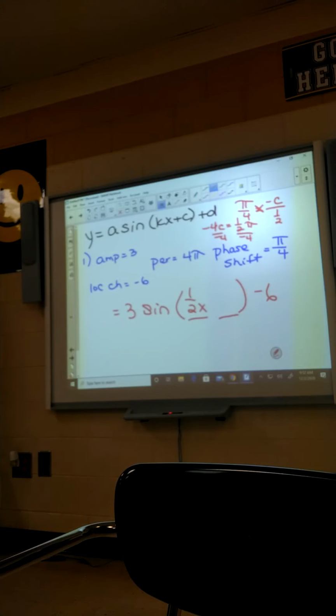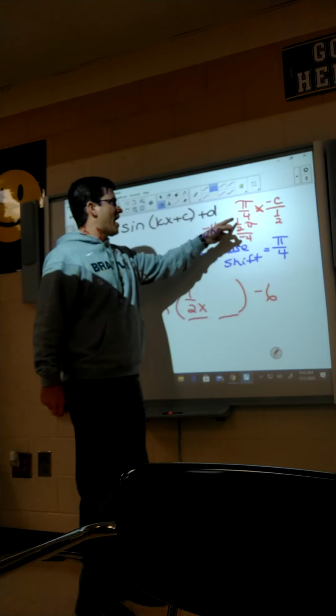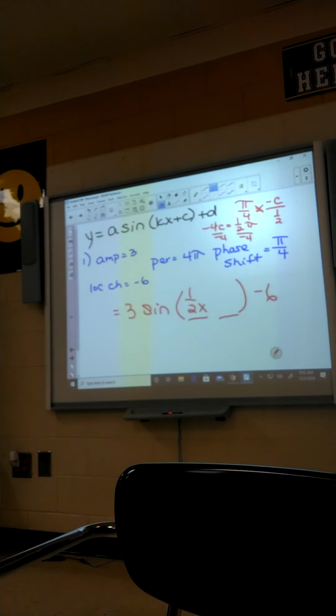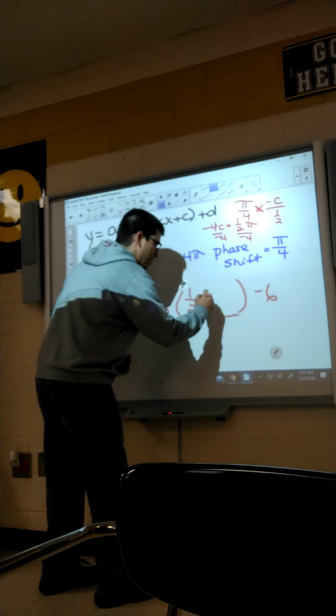You said the pi was on top? It says 1/2 pi on top, divided by negative 4. So you want to hit your fraction button first. 1/2 pi on top, divided by negative 4. I got negative pi over 8, so we write minus pi over 8.